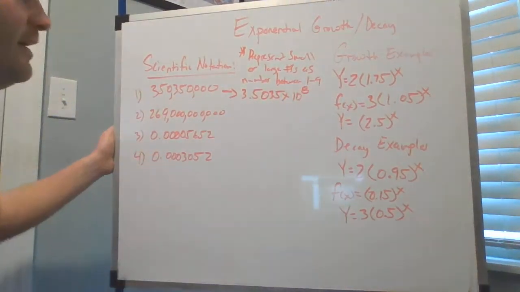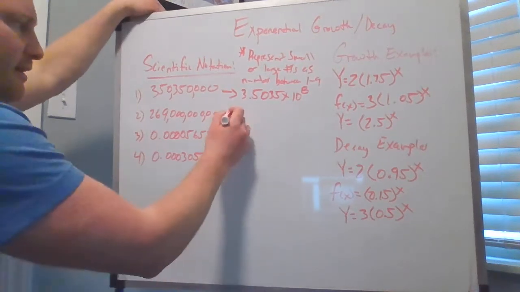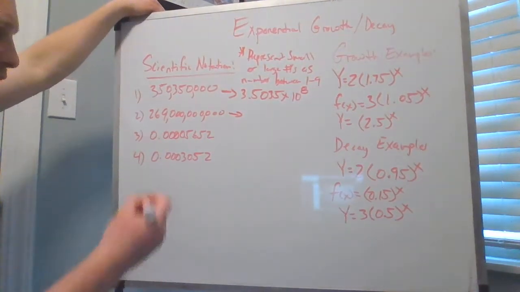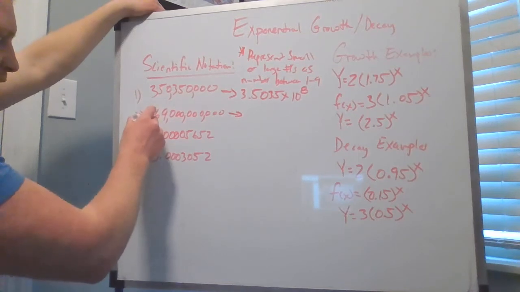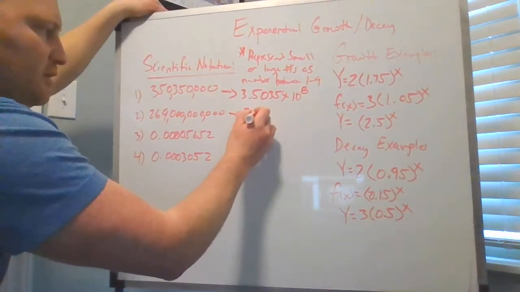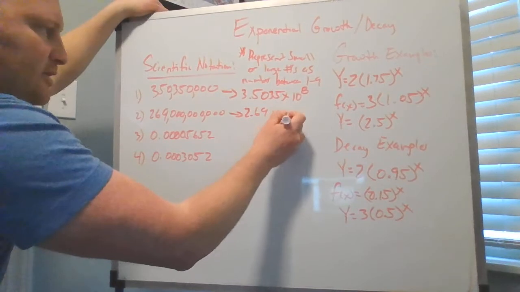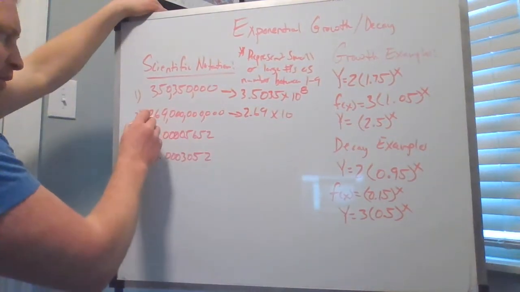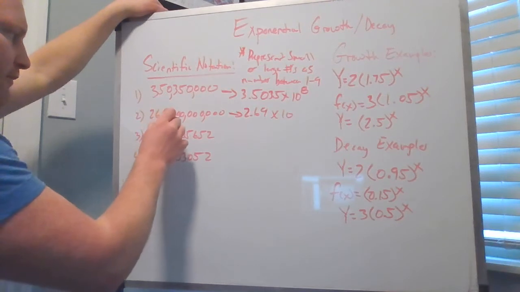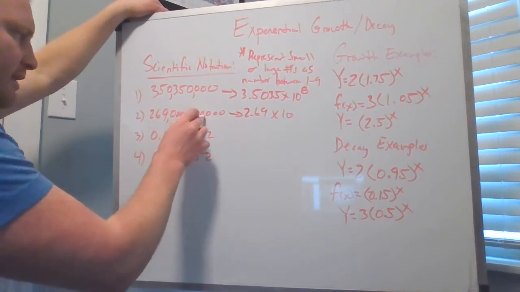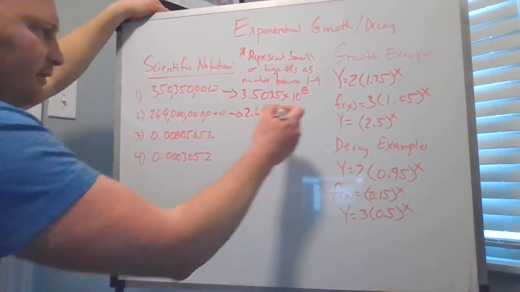That's to the power of 8. Over here, same thing. I include all non-zero numbers. That's crucial for this. I put the decimal point between the 2 and the 6. So 2.69 times 10 to the, let's count. If I put it here, I have to move it back over here. 1, 2, 3, 4, 5, 6, 7, 8, 9, 10, 11.